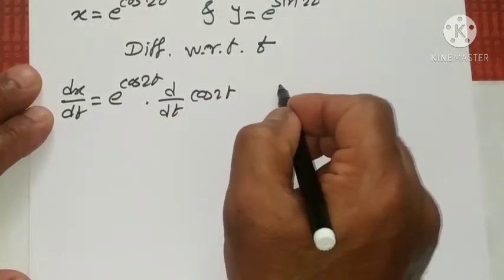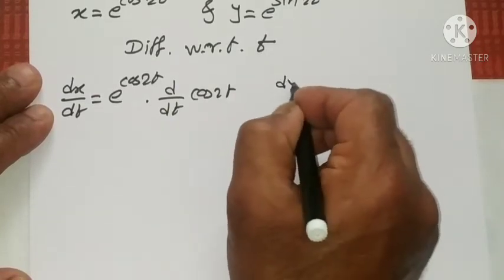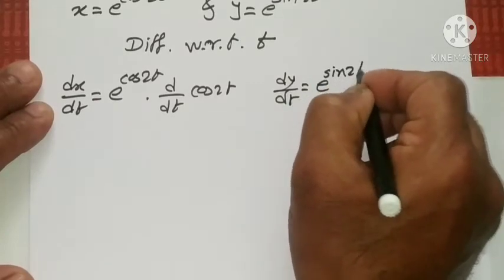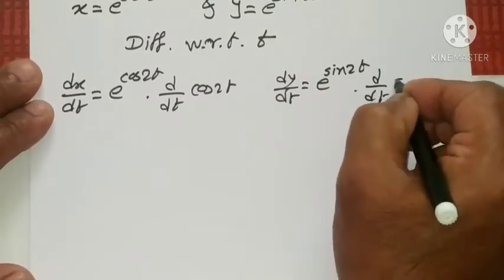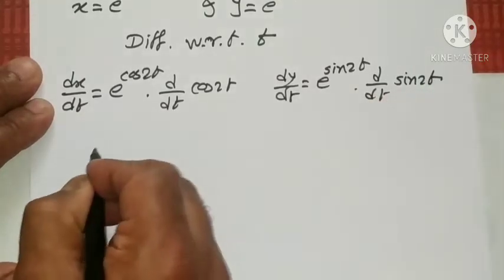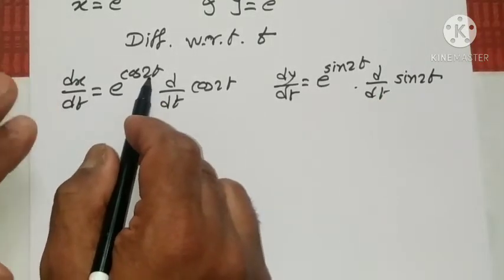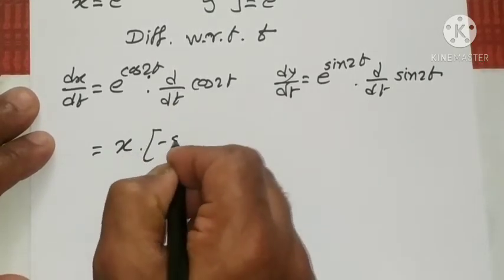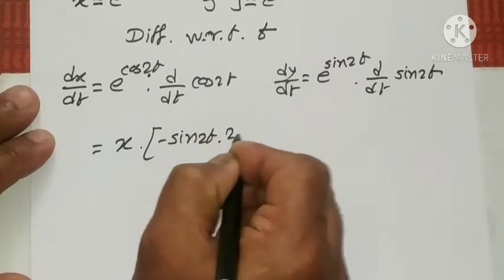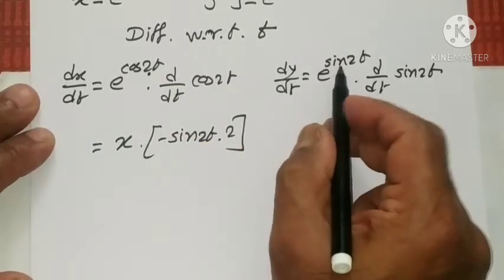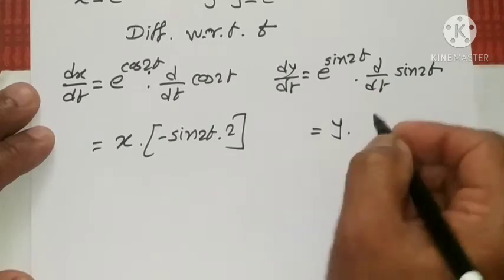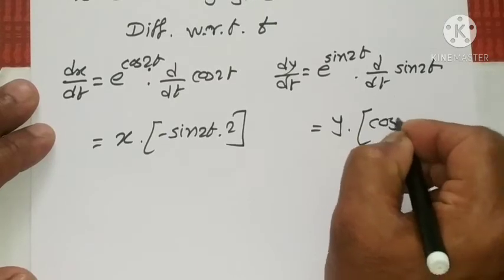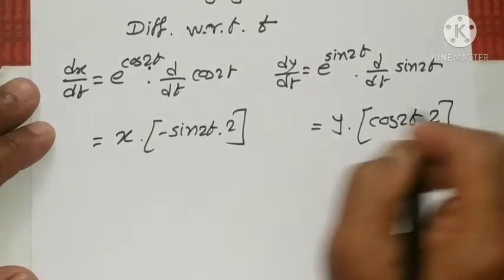Using chain rule, on y side dy by dt is equals to e raised to sin 2t into d by dt sin 2t. Then e raised to cos 2t is equals to x into derivative of cos, minus sin 2t into 2, and e raised to sin 2t is y into bracket derivative of sin is cos 2t into 2 according to chain rule.